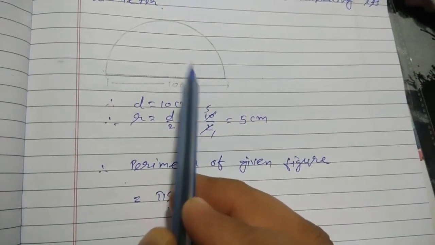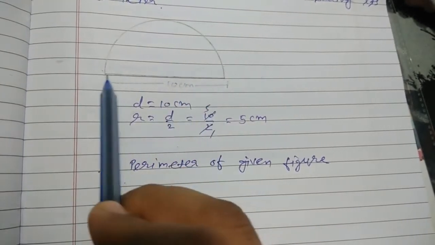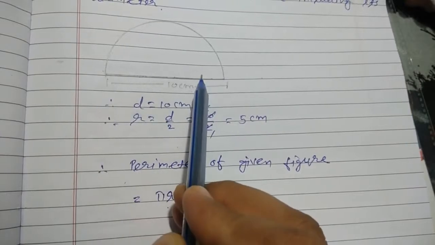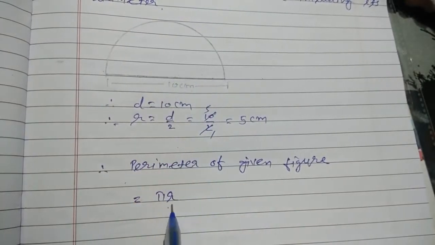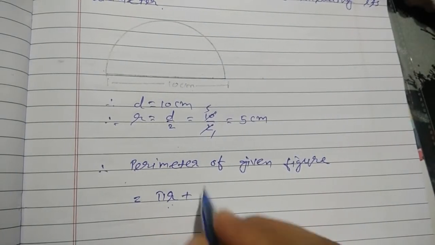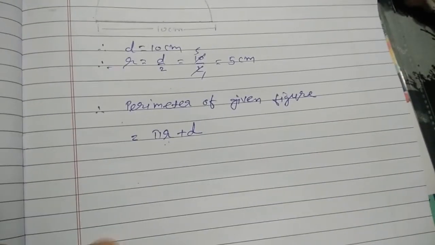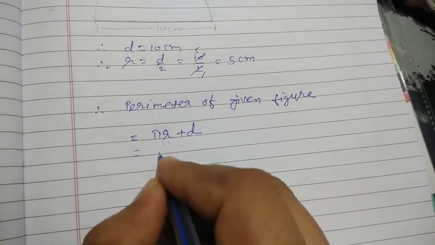Circumference of a circle is 2 pi r. So half of the circumference of a circle is pi r, and in this figure the diameter is also included, so we have to include this also in the perimeter of this figure, that is nothing but pi r plus d.